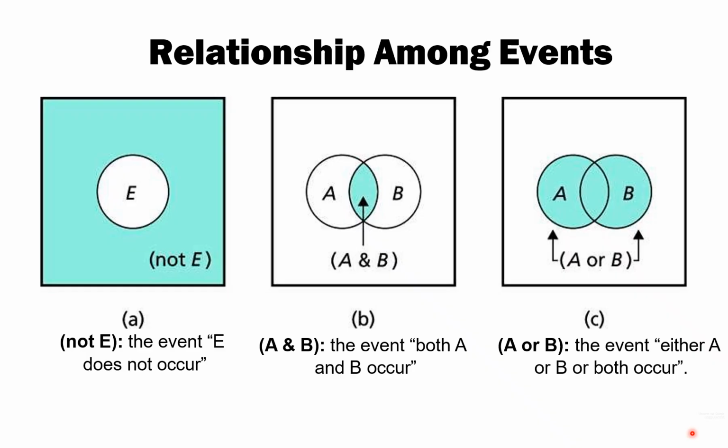What this refers to is that event A or B consists of all the outcomes either in event A or in event B or in both of them. Now, because the event both A and B occur is the same as the event both B and A occur, event A and B is the same as event B and A. It's similar when we're talking about A or B; it's the same as saying B or A.